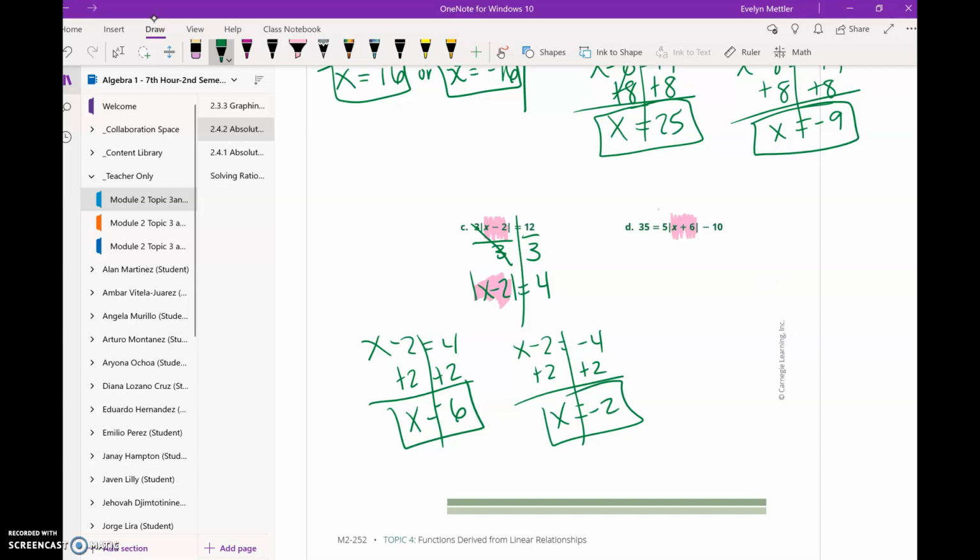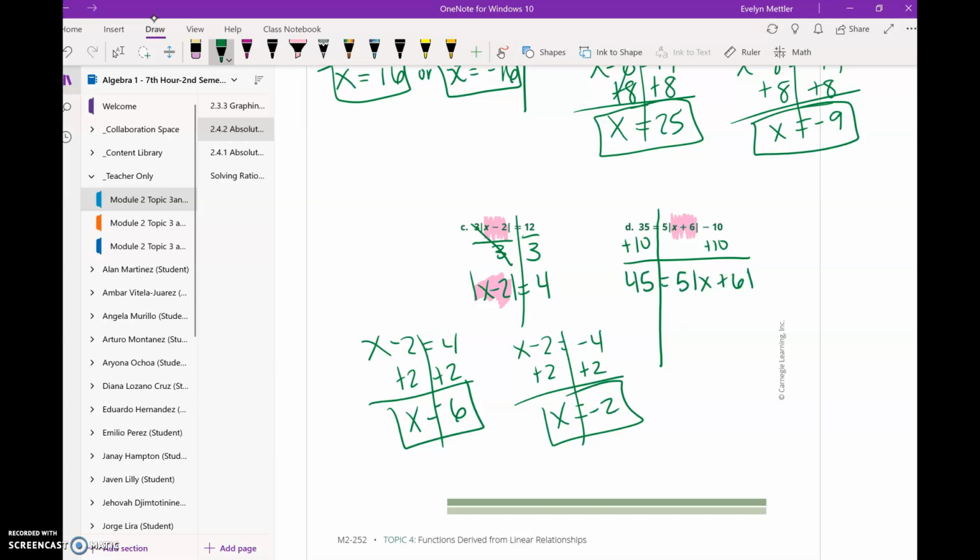So if we look at D, this is kind of putting it all together. All right. So you might be tempted to distribute. Don't do it. You want to make it go away. And then you have this minus 10 on the end. Okay. So if this were just a normal equation, right, we would start by adding 10 to both sides because we follow order of operations backwards.